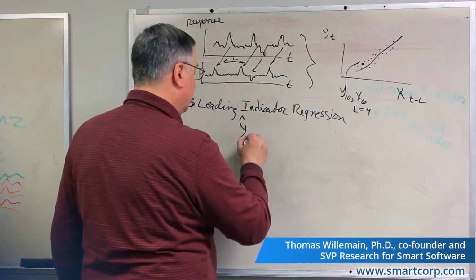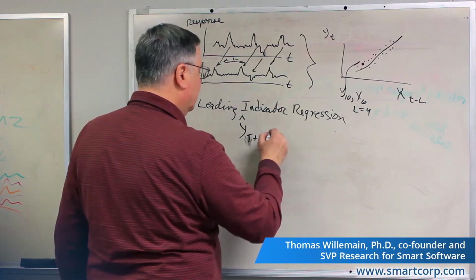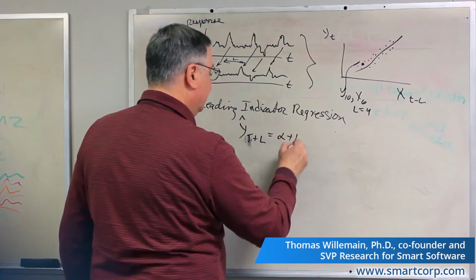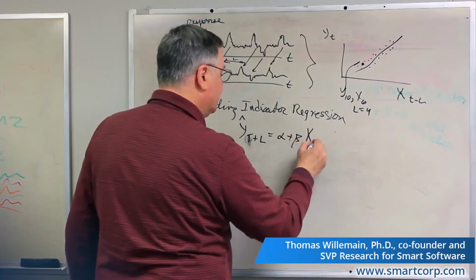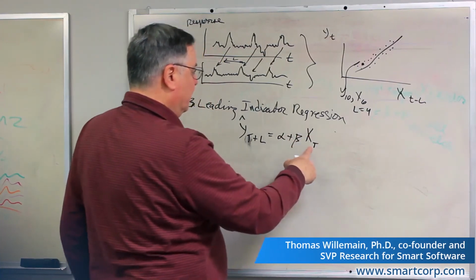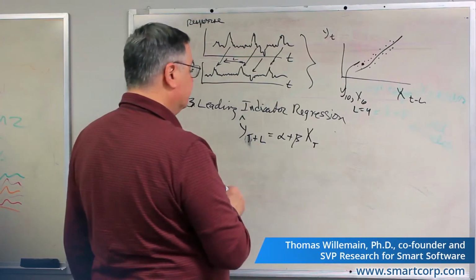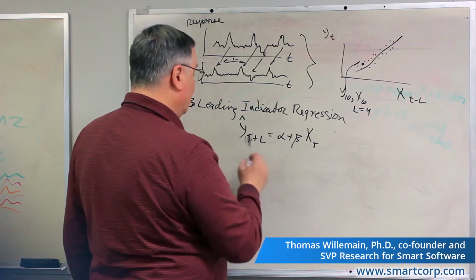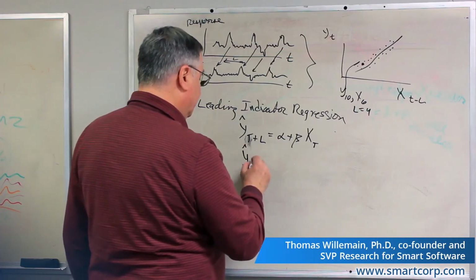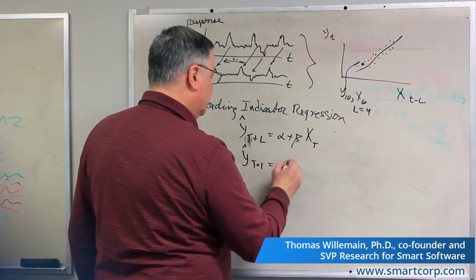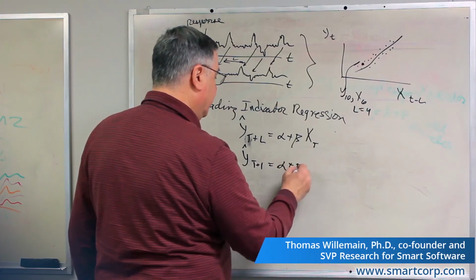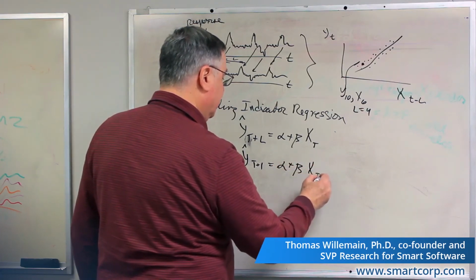Let's say y at time t plus L is alpha plus beta times x at time t. So this is known, and it'll predict L periods ahead. And if you wanted to go one period ahead, it'd be y at t plus 1, and that's just going to be alpha plus beta x of t minus L plus 1.